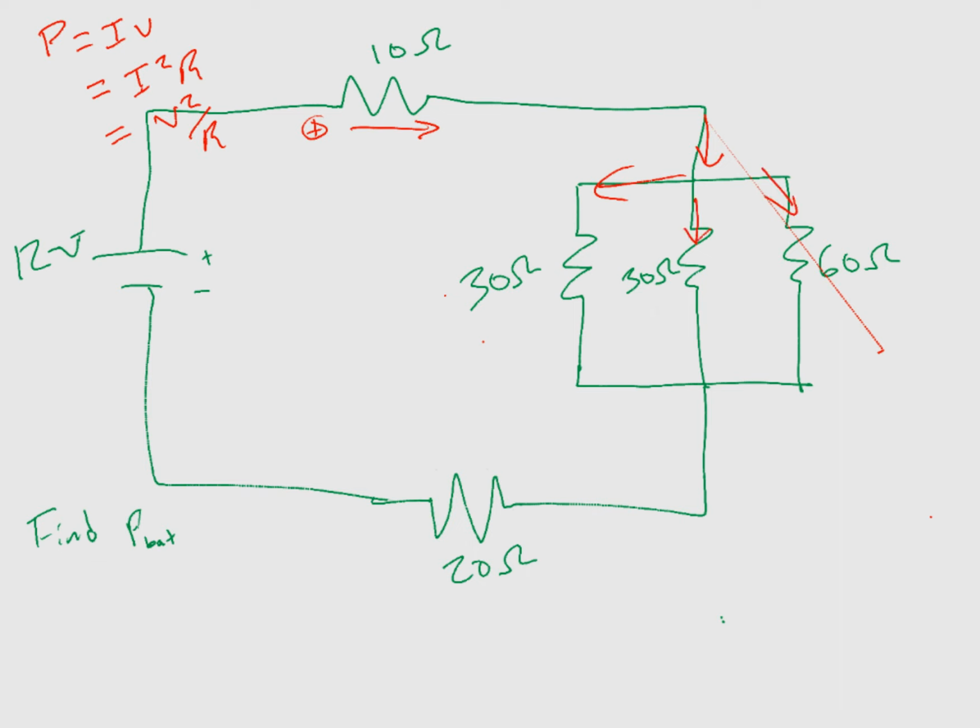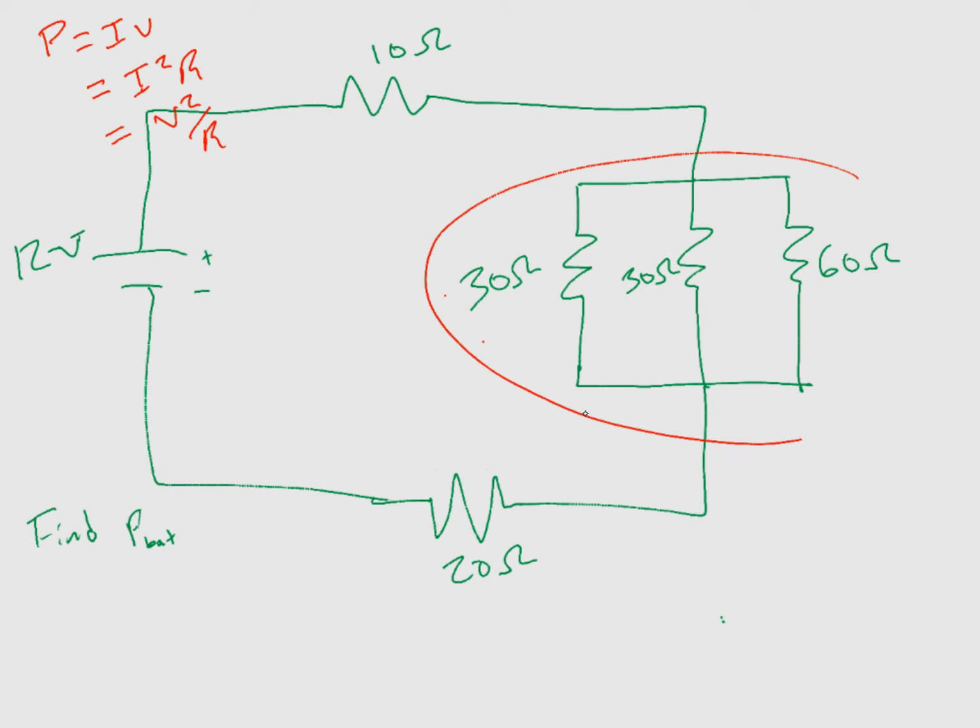And so that's not a one-way road. This is not a series circuit, not even a series part of the circuit. In fact, this whole section is parallel. So let's start off by solving this parallel part.